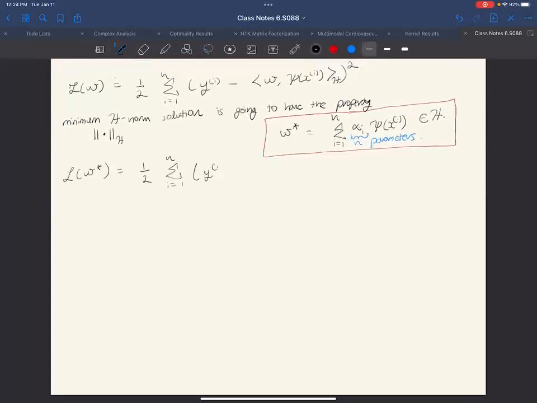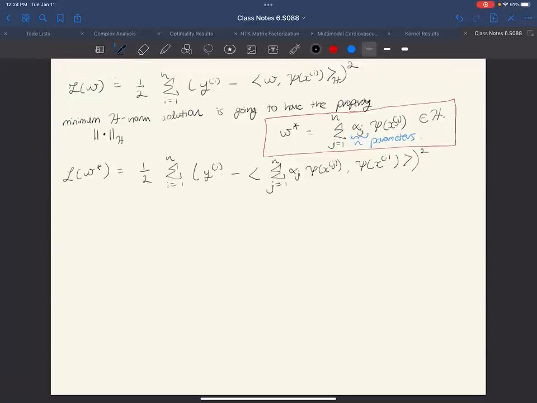Instead of W, I'm plugging in this W star, which is the sum from i equals 1 to n of alpha_i psi of x_i. Let me subscript this a little differently so the indices don't get confusing, and call these j's here.